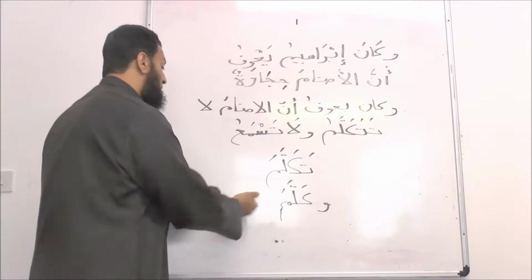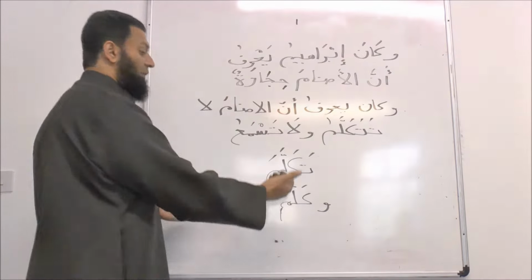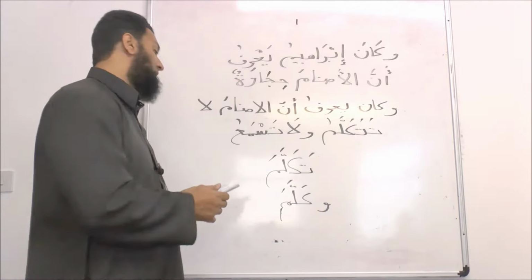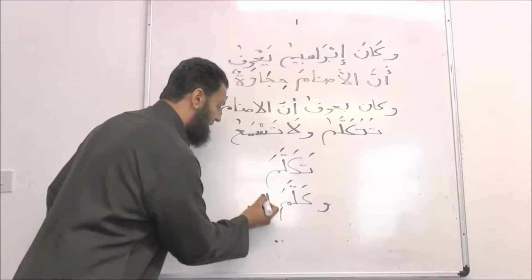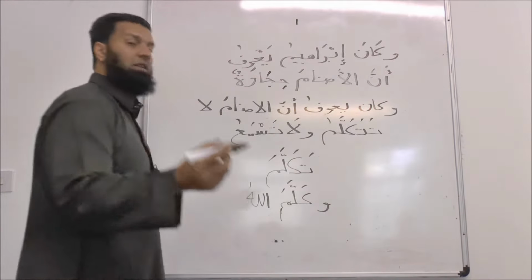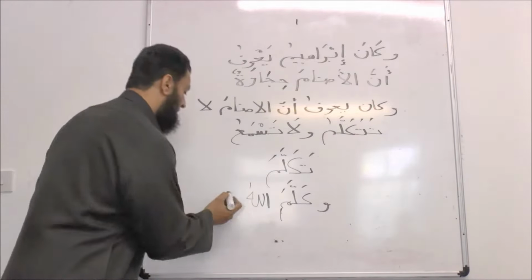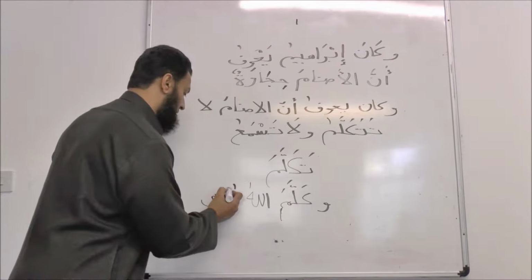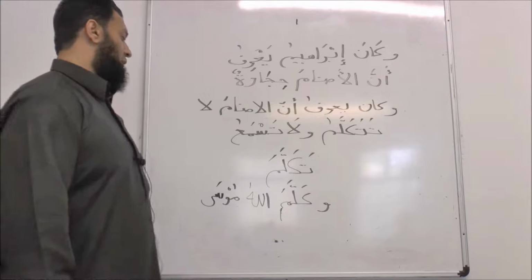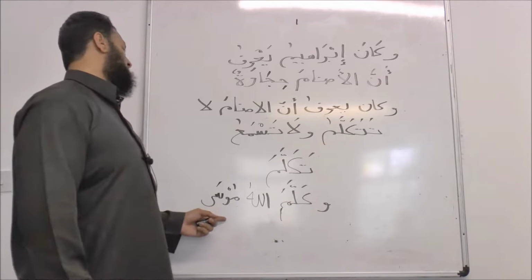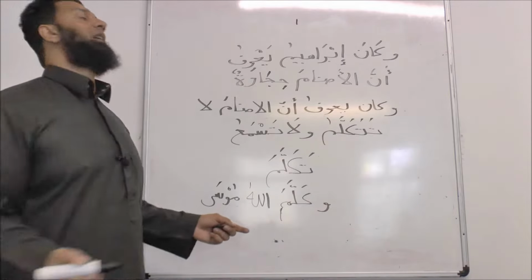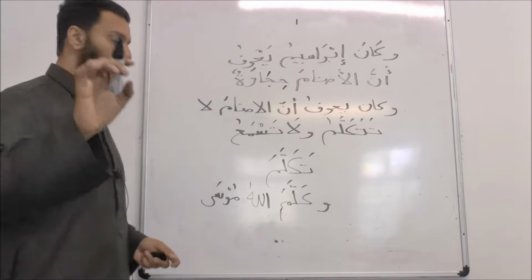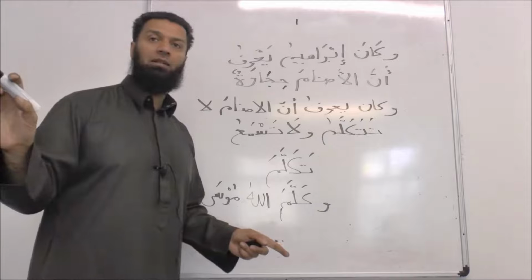You've got the fi'lun and then the fa'ilun. Who's the fa'ilun? Allahu. And then you need Musa. وَكَلَّمَ اللَّهُ مُوسَى. And the ayah is وَكَلَّمَ اللَّهُ مُوسَى تَكْلِيمًا. But we'll leave that for the moment.